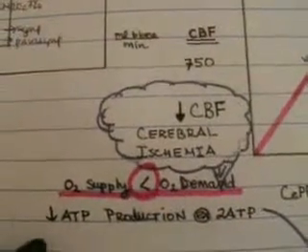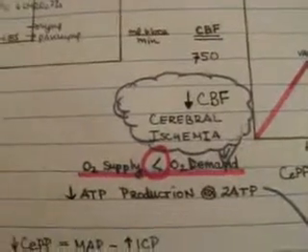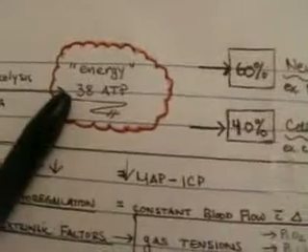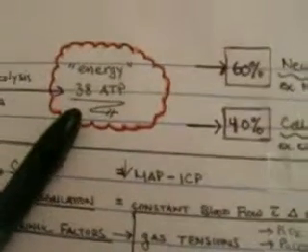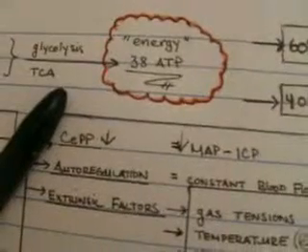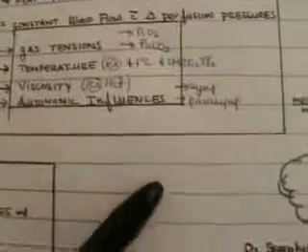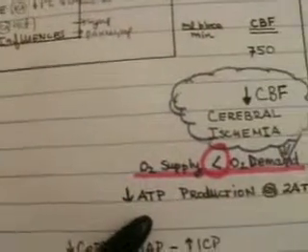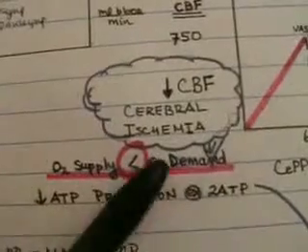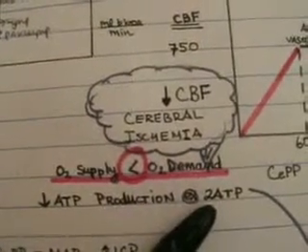And so what happens is you no longer are able to produce ATP in the fashion that we were producing before, meaning 38 ATP for every glucose molecule that was oxidized through the glycolysis and TCA cycle. So now, because of the lack of oxygen, we begin to produce only approximately 2 ATP versus the 38 ATP we were once producing.